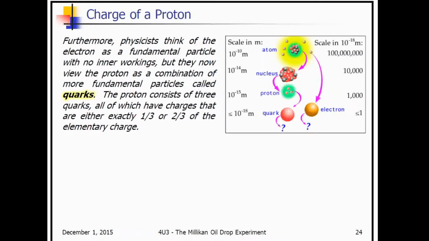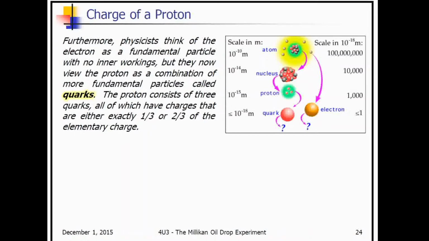Now when we get into Unit 5, we're going to talk about what makes up a proton and an electron. Why does an electron not break up into other particles? And just to scratch the surface here, the proton is itself a combination of 3 different quarks.